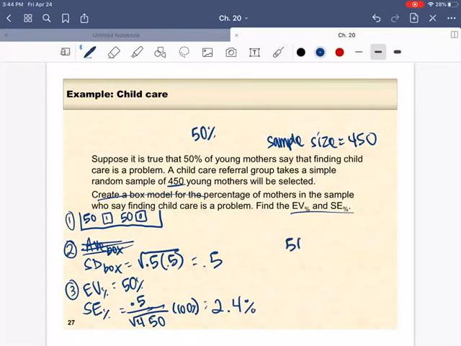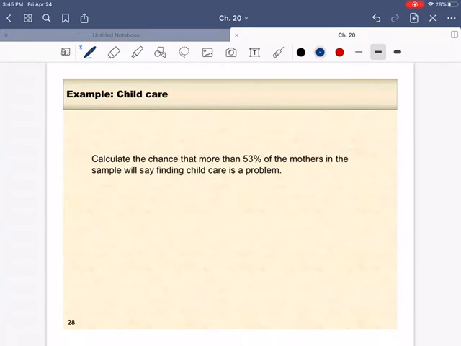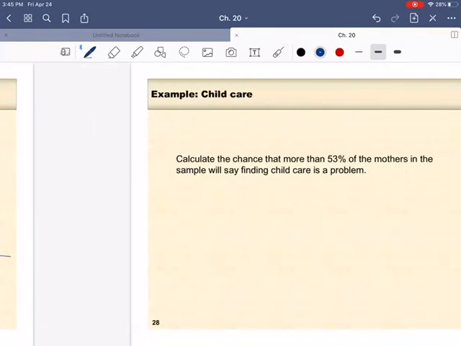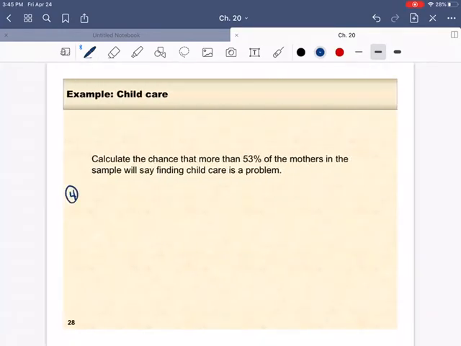Okay, that means we expect 50%, give or take 2.4%. When we sample 450 young mothers, that's what we expect for what percent of them have a hard time finding childcare. So like that's babysitters, daycare, that kind of stuff. Calculate the chance that more than 50% of the mothers in the sample say finding childcare is a problem. Well, we already did steps 1, 2, and 3. Here's our results, so we're ready to move on to step 4.